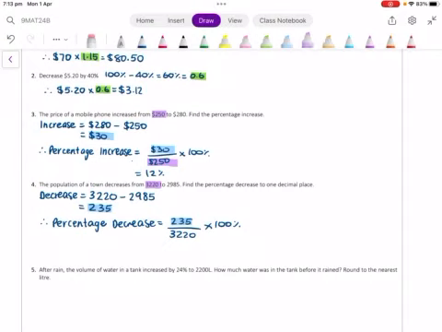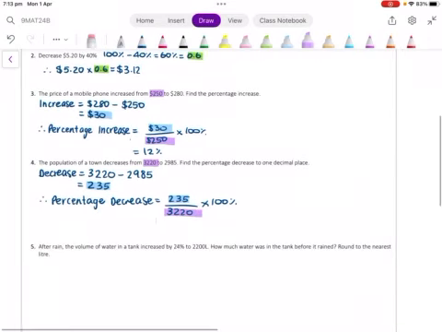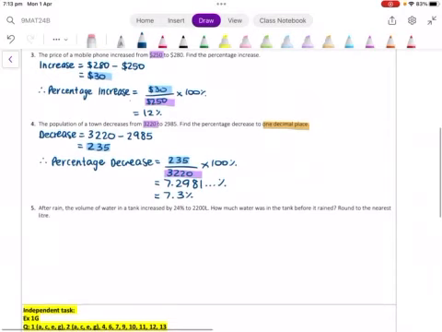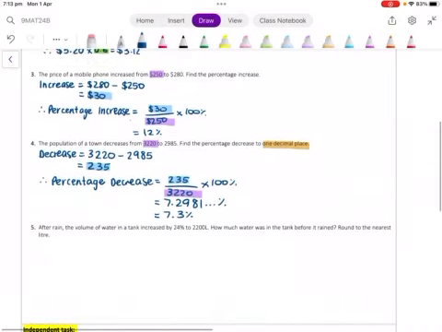When we put this into our calculator, we get 7.2981... And in our question, it's asking for 1 decimal place. So to 1 decimal place, our answer is 7.3%.